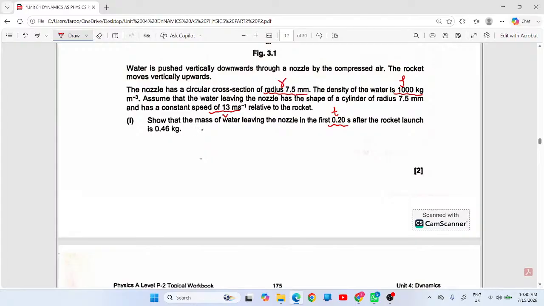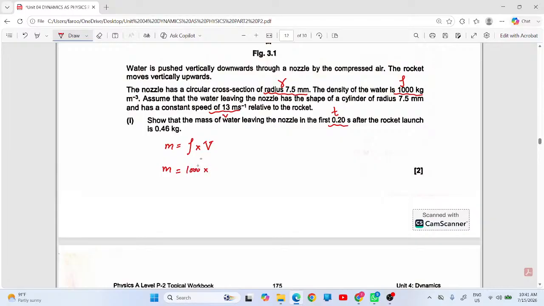What should we use? Mass equals density multiplied by volume. So mass equals density, which is 1000.